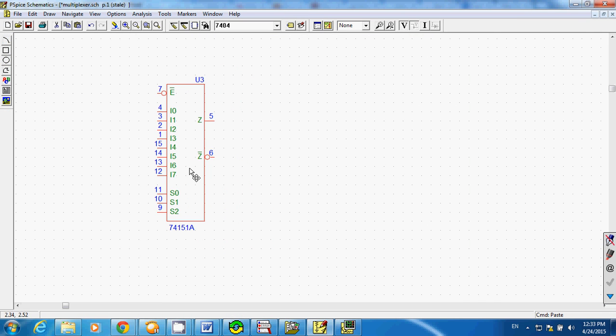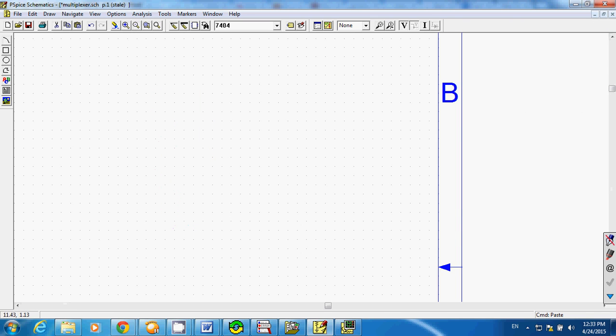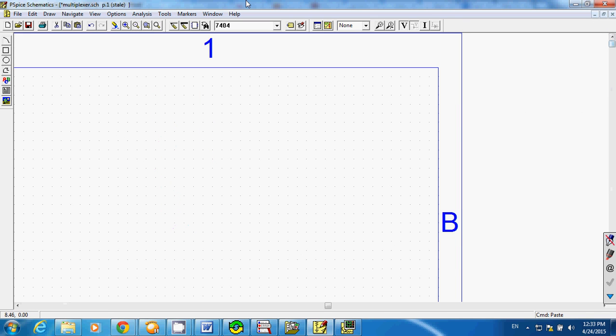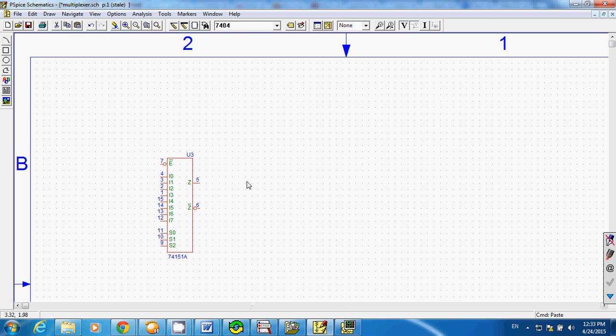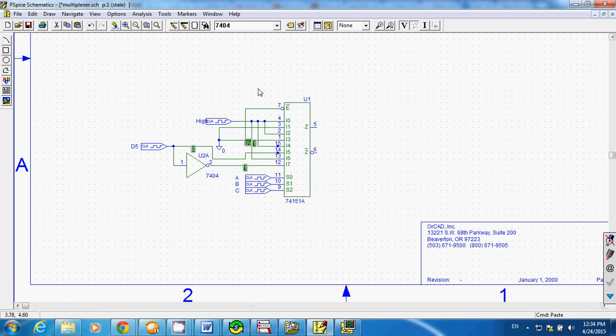What happened, I have the multiplexer here. How am I going to make a connection? Well, just to save the time, I already have the complete circuit for you here.